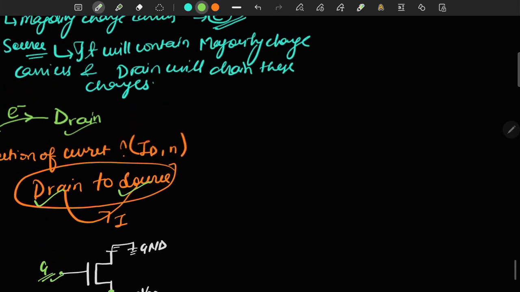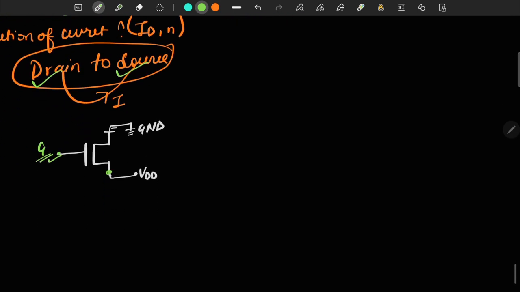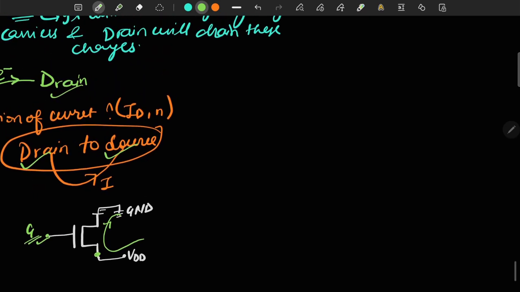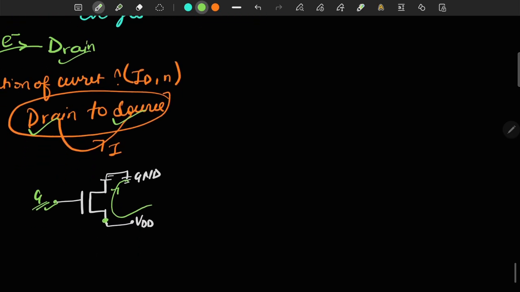So similarly, if I make my NMOS like this, and suppose here I am applying VDD at this terminal and here I am applying my ground. No doubt you can make the gate, or you can say this terminal is the gate, but for drain and source you have to keep these points in mind. The direction of the current would be from VDD to ground, and in NMOS the direction of current is from drain to source.